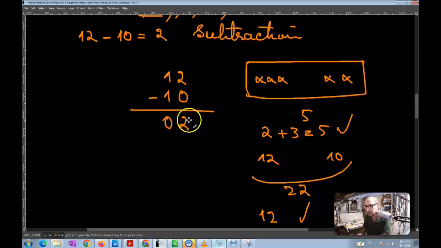And then the answer, the difference between the number of marbles of those two people, is just 2. Now, if you cannot do it this way, meaning the answer doesn't come to you naturally, then to know what 2 minus 0 is, it's going to be some number x.